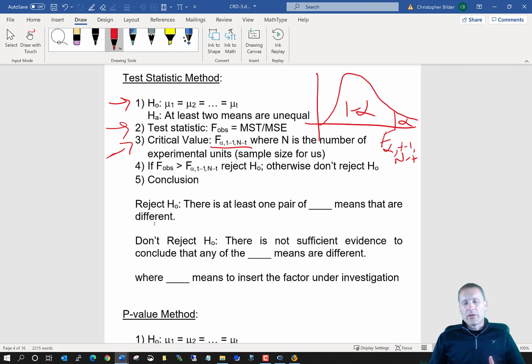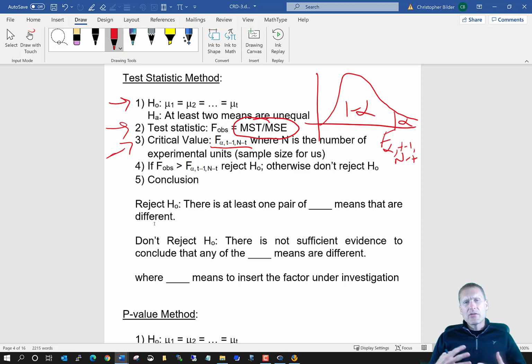So you also notice here that I'm only going to be on one side of the distribution. And the reason why can kind of be seen by that Excel spreadsheet demonstration that we had with the Wheaties example. And that was, as the means got more different, F obs kept on going up, up, and up. And the lower the F obs was, the more alike our means were, in terms of our sample means, that is.